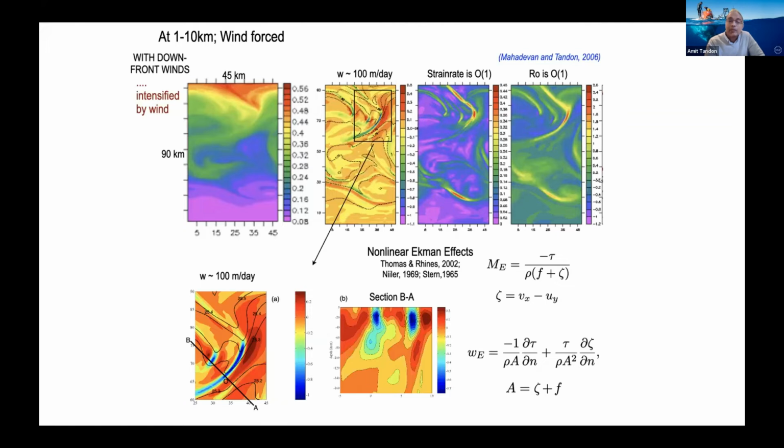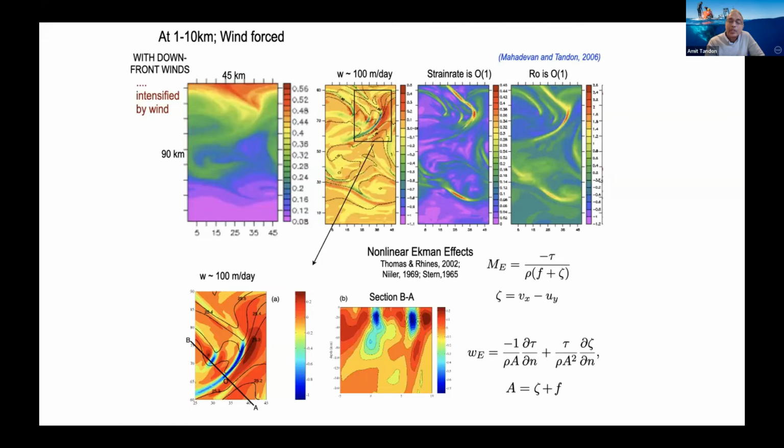So in a forced case, we can think of the Ekman mass transport flux as not just tau over rho f, but tau over rho (f plus zeta). So the vorticity that matters is the local f plus zeta vorticity, and you can take the derivative and think of what vertical exchange it implies.